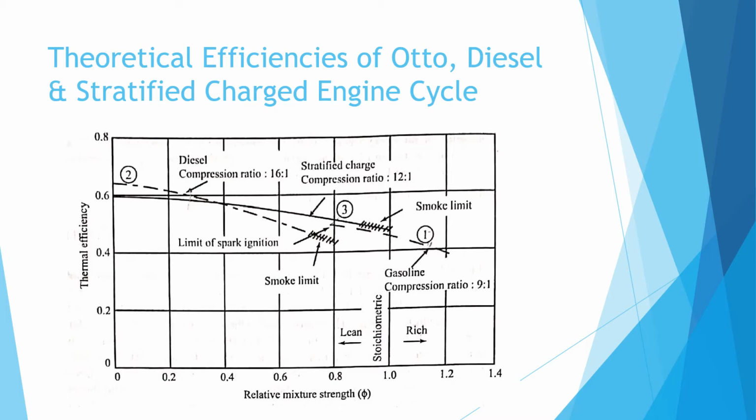However, it is to be noted that the diesel engine has a much higher compression ratio and hence has an advantage due to this factor. Thus, with the use of lean mixtures and a slightly higher compression ratio in an SI engine, a performance level approaching that of the diesel engine can be achieved.